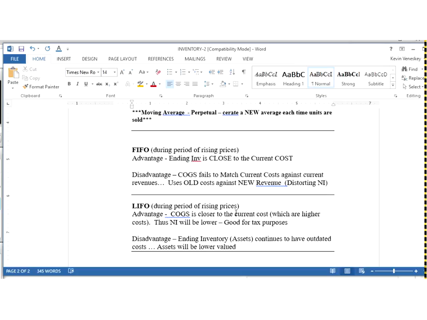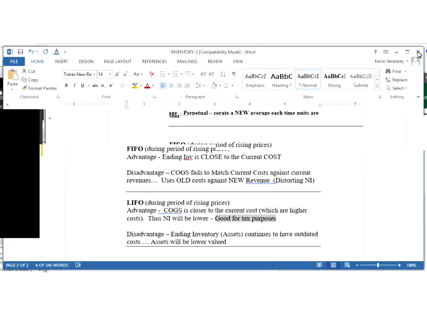Whereas the advantage with LIFO is my cost of goods sold will be closer to current prices, which, in a period of rising prices, those most recent prices are going to be higher. Therefore, net income will be lower. And a good time for net income to be low is for tax purposes. If you're a corporation, the lower your net income, the lower your tax will be.